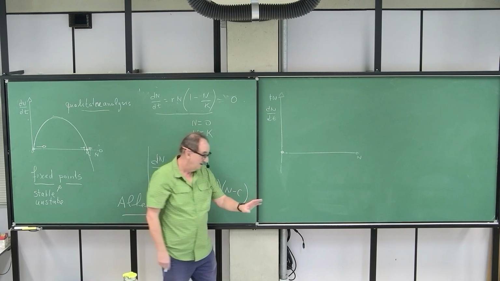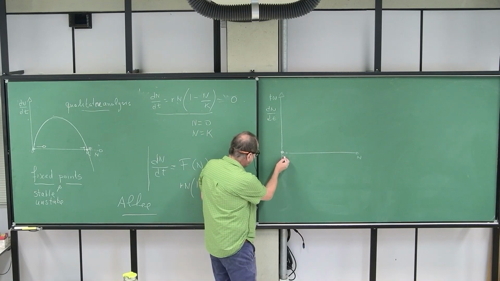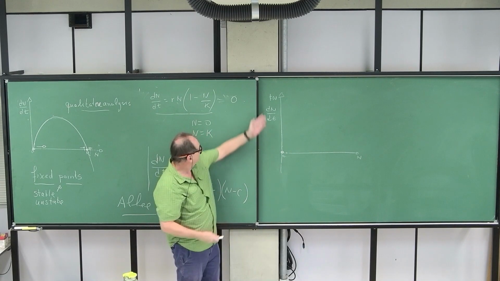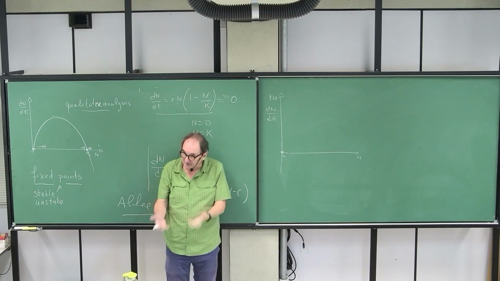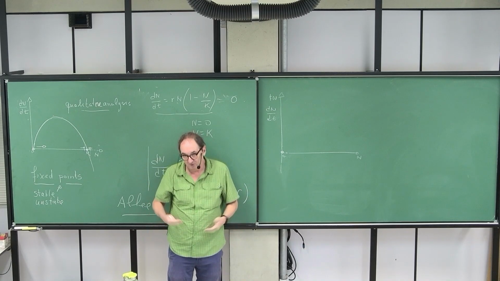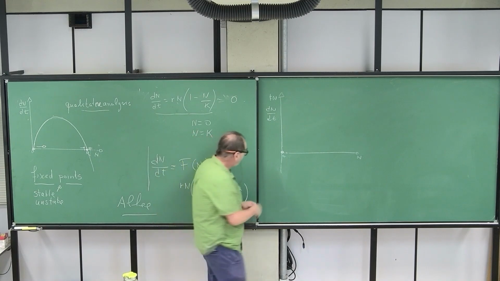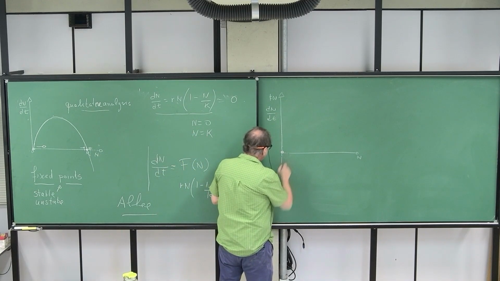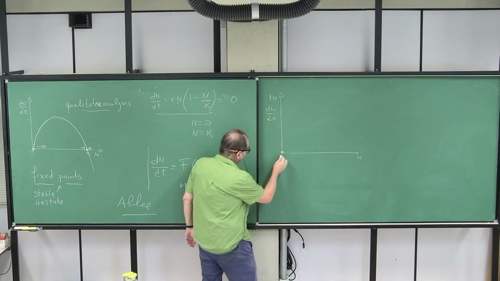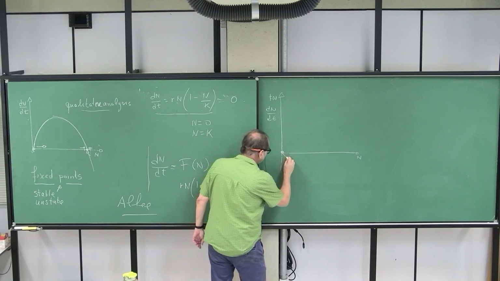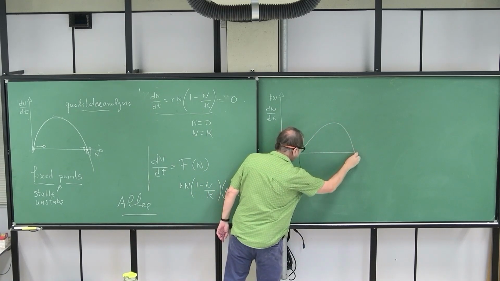Then it has to go this way, but going this way means decreasing, and dN/dt has to be negative for the population to decrease. Therefore, one way would be the following. Instead of my parabola, I have a modification, which is something like that.